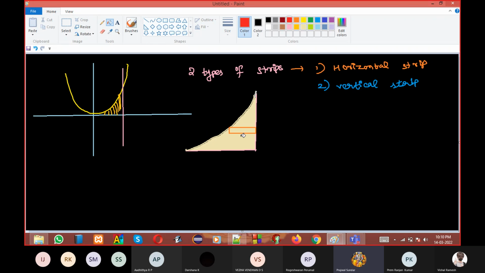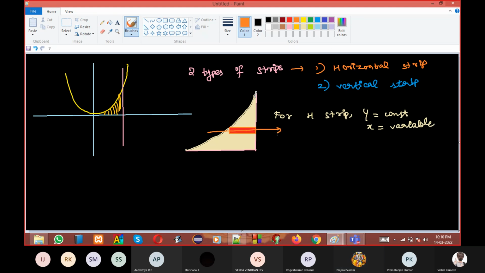Now think: for a horizontal strip, throughout the strip y is constant and x is variable. Try to understand.